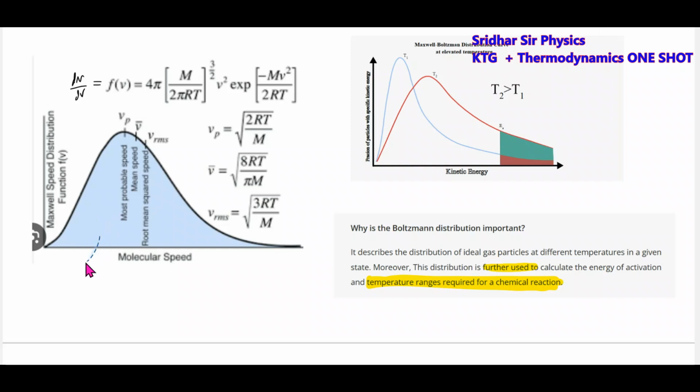The area under the curve will give the total number of molecules in a vessel. This is the basic idea of the Maxwell-Boltzmann distribution curve.